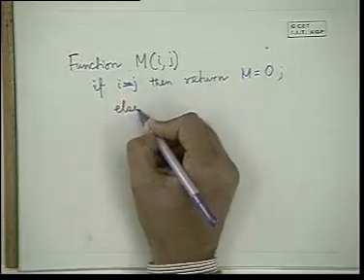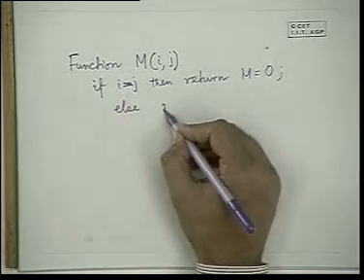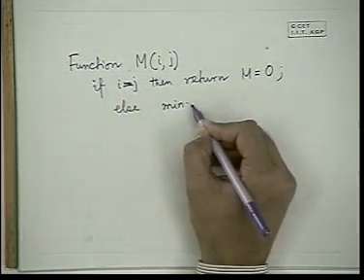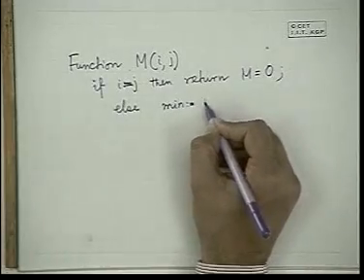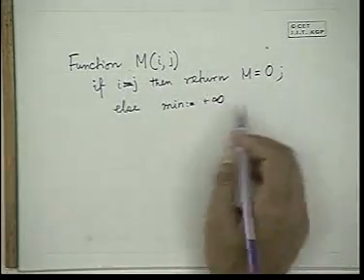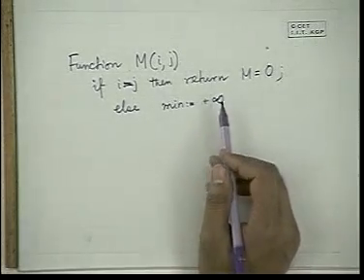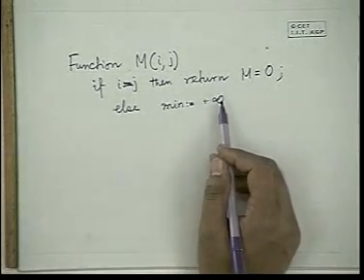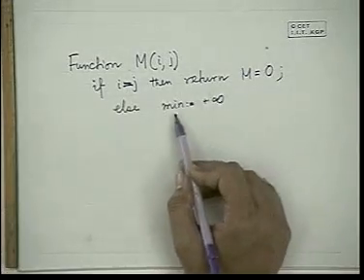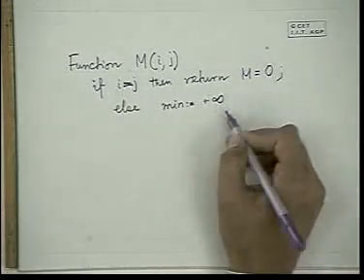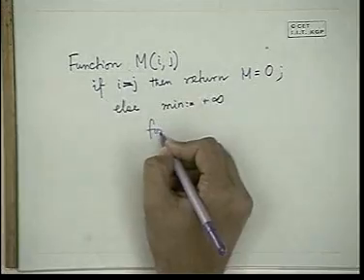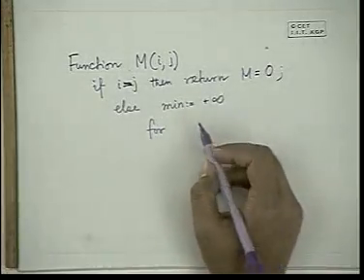Else, we set a very high minimum value, which is initially plus infinity. Actually, this will get decreased. So you put a very high value here, which you don't expect to come normally in the algorithm. So minimum is equal to plus infinity. For next, what we are going to do is a very naive way again.